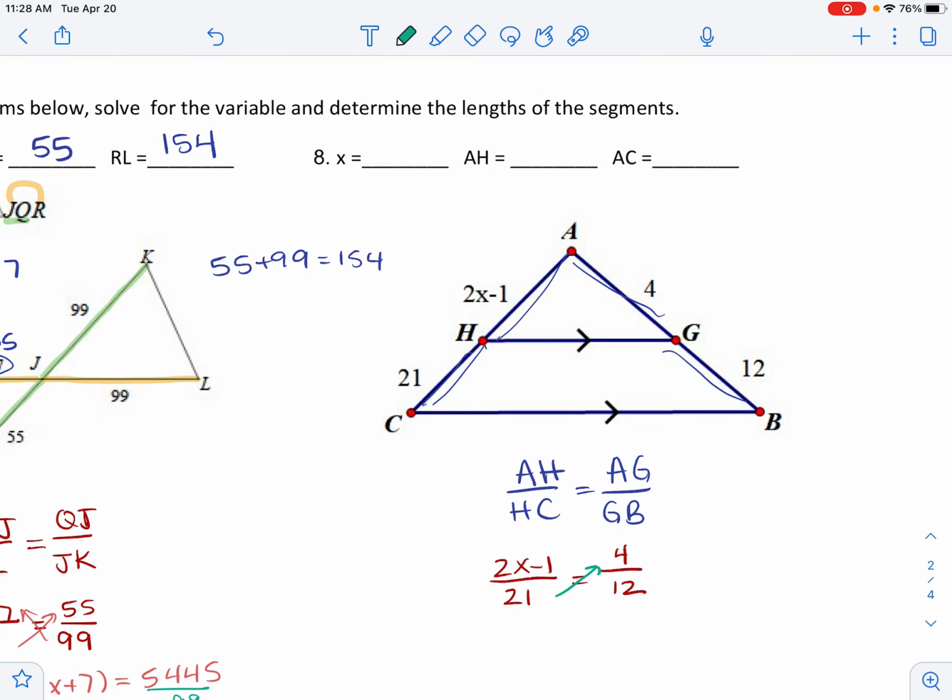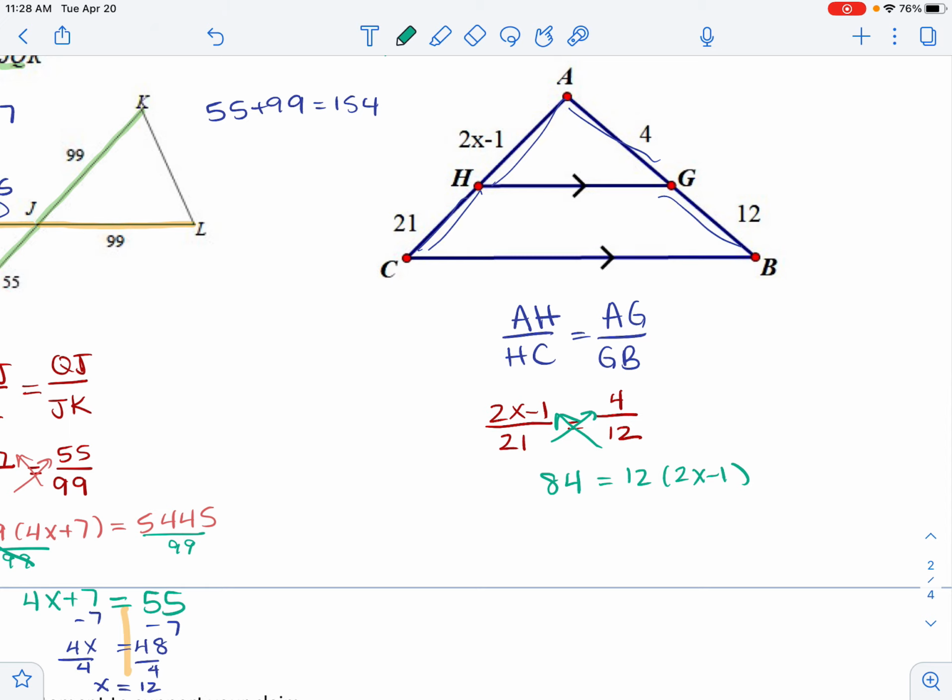So starting here, 21 times 4 is 84. Equals, I'm just going to do 12 times 2x minus 1 for this other side, because it's easier to just divide away the 12 from the start rather than distribute. So I'm going to divide both sides by 12 here.